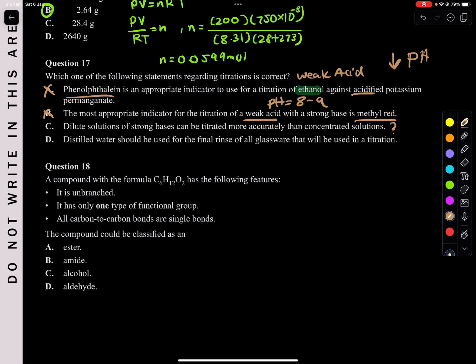For example, if you put distilled water in our burette, which is supposed to contain our standardized solution, it will decrease the concentration of it. So it's not even standardized at that point. So rubbish. Hence C should be the only answer. Dilute solutions of strong bases can be titrated more accurately than concentrated solutions. Yeah, that is probably the best answer there.